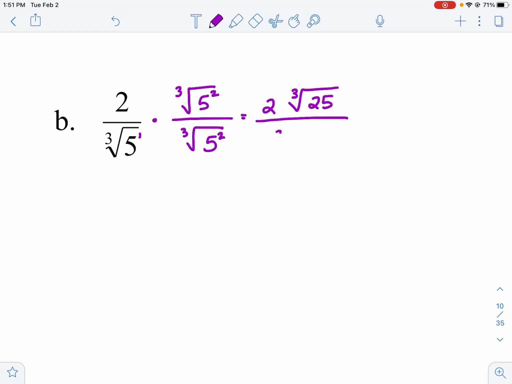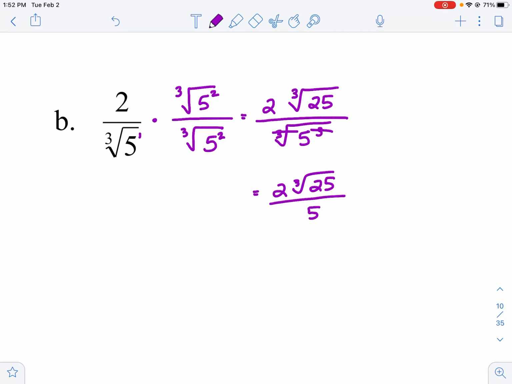The denominator, I get the cubed root of 5 cubed. You could do 5 cubed and get 125 and then take the cubed root of that, but we're going to end up with 5 because those two cancel. So we have 2 times the cubed root of 25 all over 5.